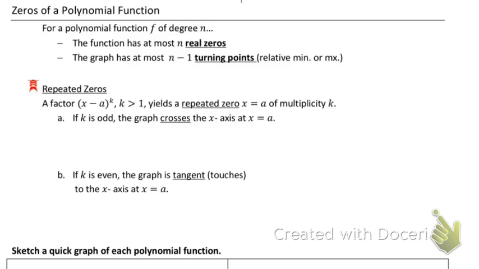Well, the graph has at most n minus 1 turning points. These are your relative mins and your maximums. In other words, a turning point is going to be this. So say we have a graph like this. This would be a turning point. This would be a turning point.